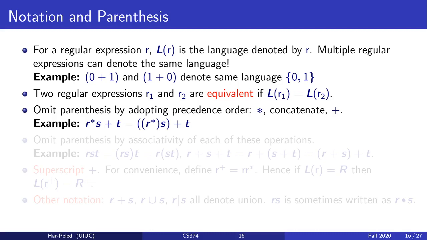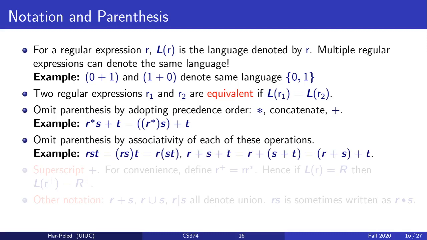So as such, we can omit parentheses using the same priority as in arithmetic operators, right? So raising to the power has higher priority than concatenation, which is multiplication, which has a higher priority than union, which is denoted by plus.